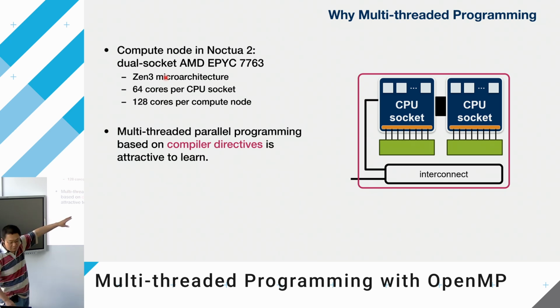And in total, you will have already more than 100 CPU cores per compute node. And in order to utilize all those computational powers, 128 CPU cores, you can do multi-threading based on the so-called compiler directives using OpenMP, because this is very convenient and very efficient to utilize multi-threading.